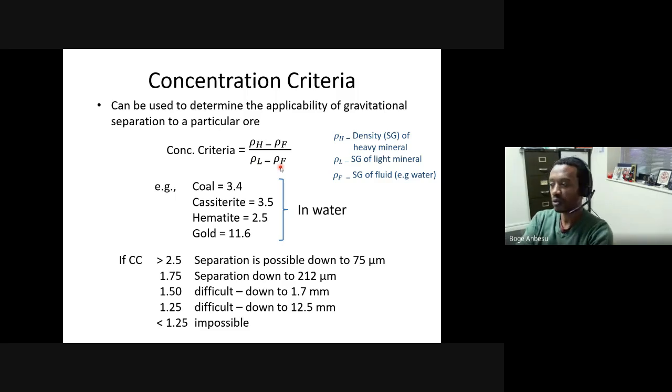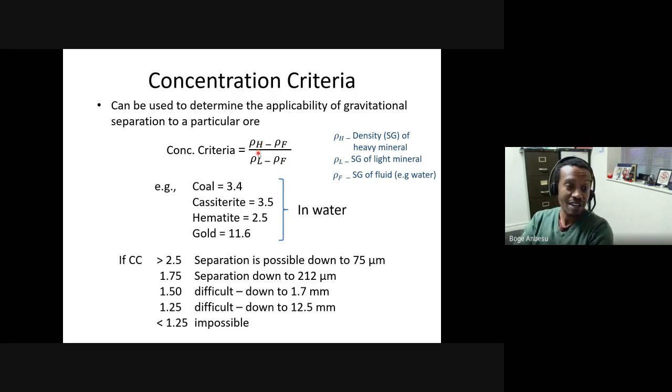So I was just telling you, say you have gold ore, and if you did a proper mineralogical analysis, you know what is hosting the gold typically, and you can roughly work out the density of those minerals hosting the gold. Okay, so that will give you the density of the heavy part.